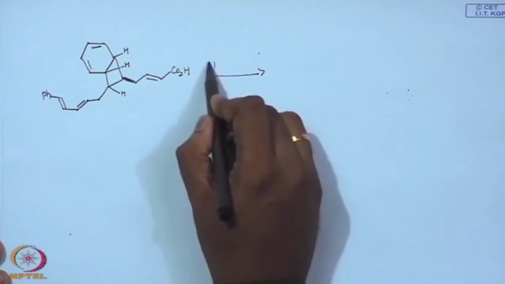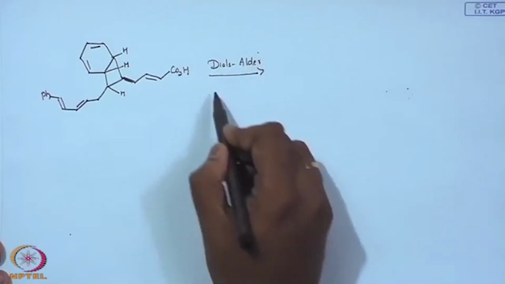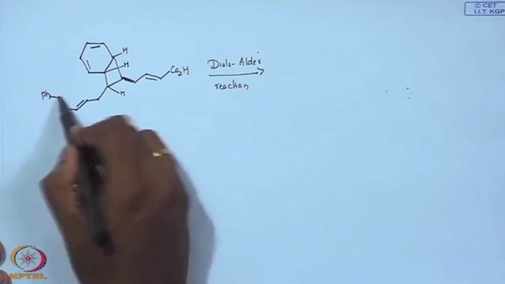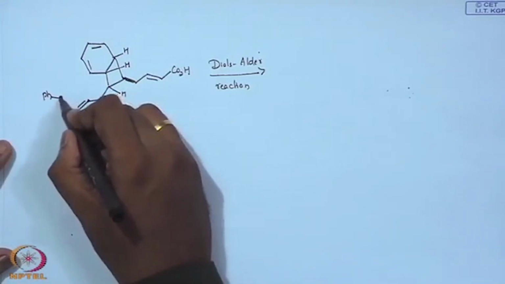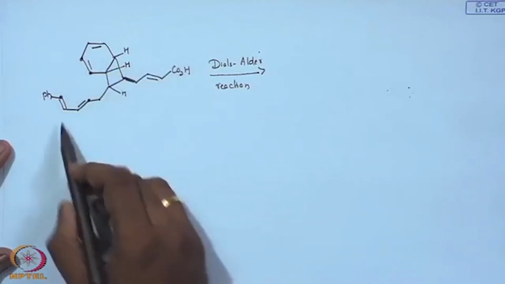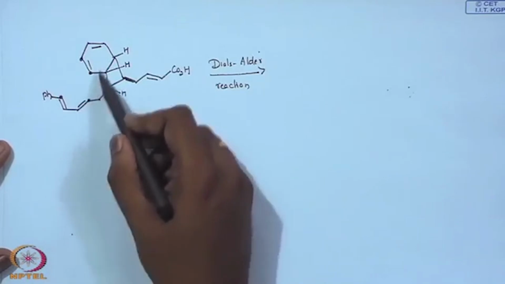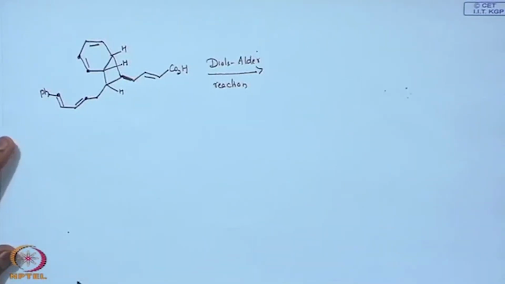Yes, it can undergo a nice Diels-Alder reaction. So, this can be your 4n system, and this is your 4 and this is your 2. So, 4 plus 2 cycloaddition. You can easily think about your Diels-Alder reaction for this, giving you this product.